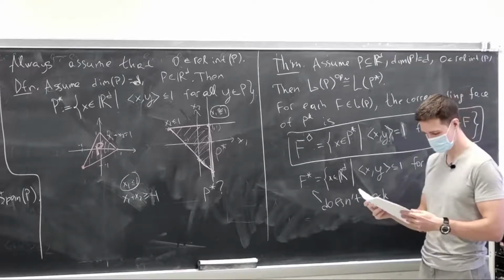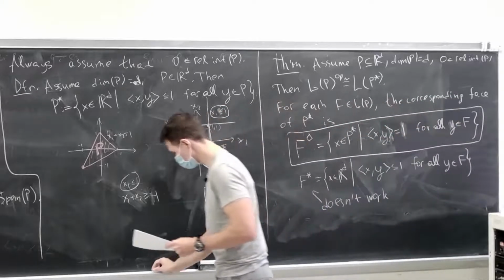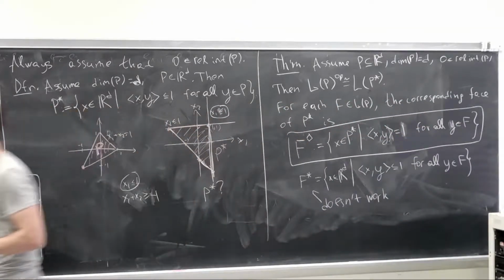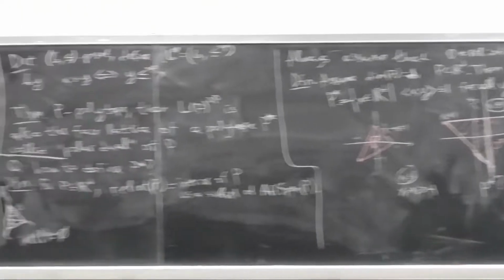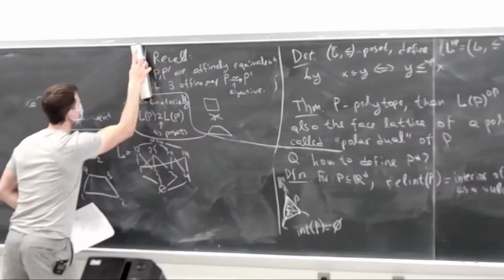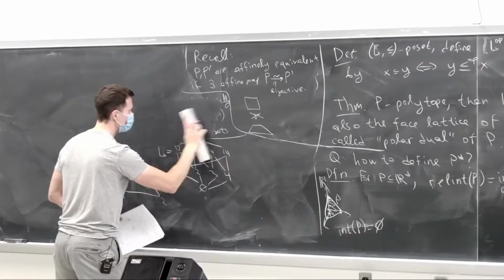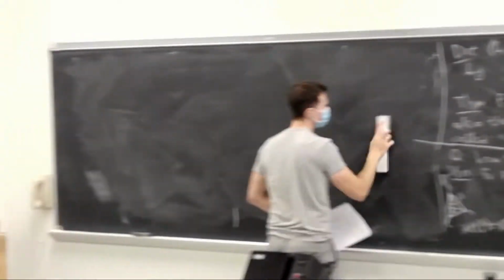All right, maybe I should give some examples. I'm just going to name a polytope, and then you are going to tell me its dual.